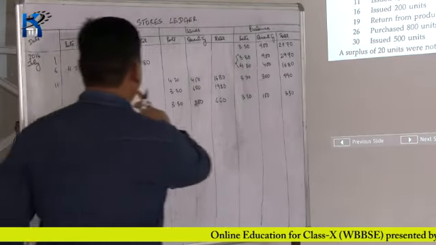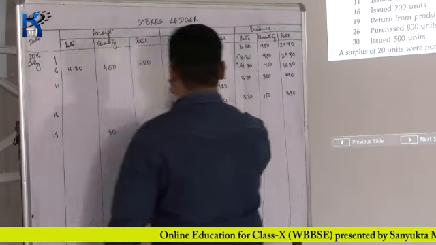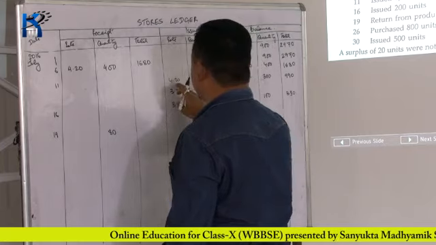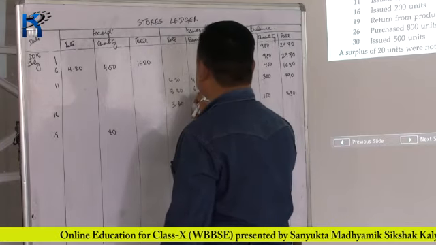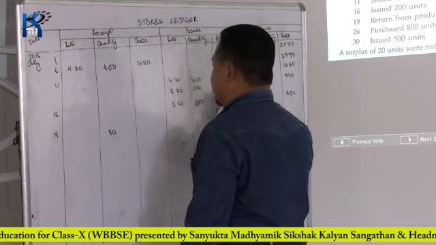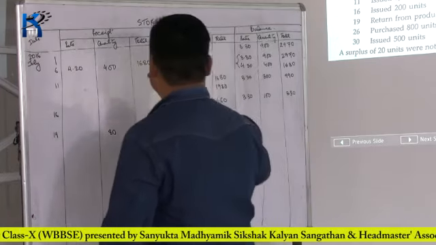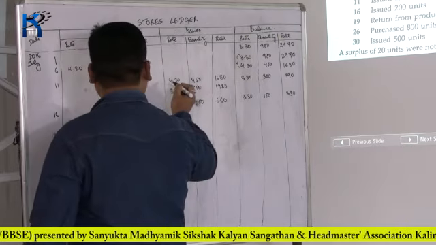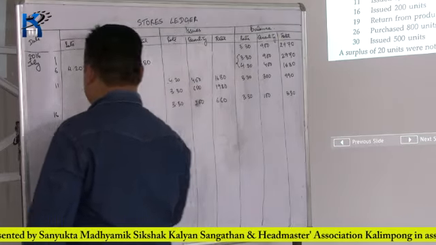On 11th July, we had issued 400 units of 4.20, 1,680, and 600 units of 3.30, amounting to 1,980. So in case of this return, we will take this amount 4.20.